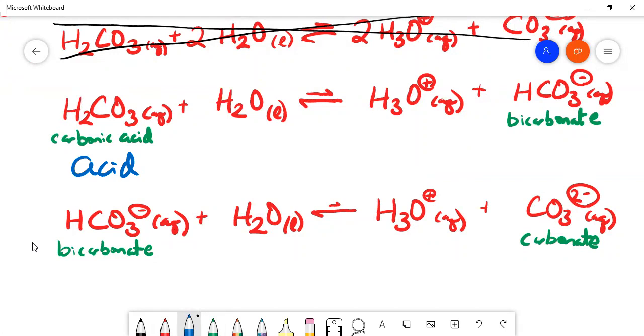Who's accepting it? What else is involved in the reaction? Good old water. Water is accepting a hydrogen ion and being transformed into hydronium ion. Yes? So water is a base.